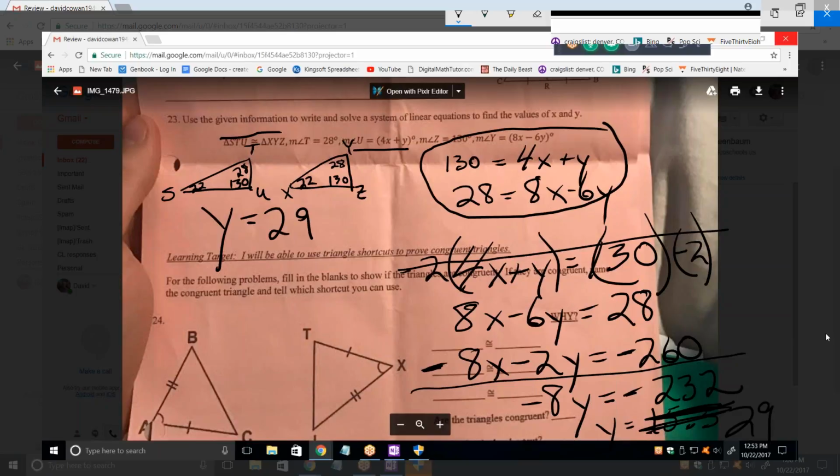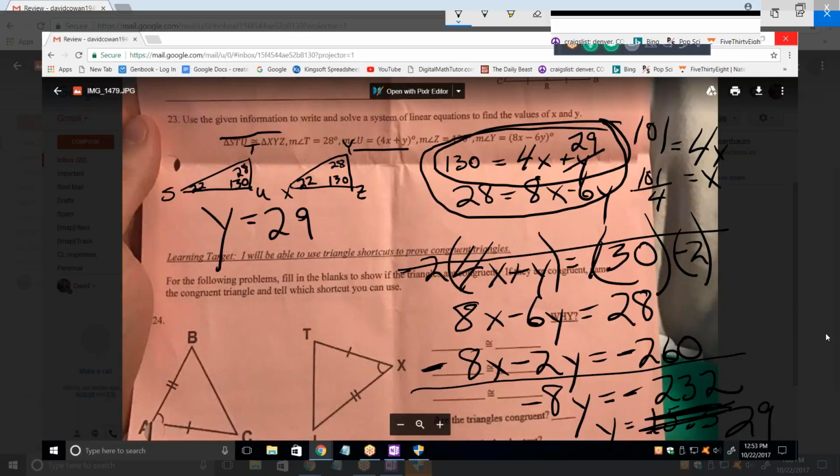I'm going to do this one. I'm going to substitute 29, our answer for y, and solve that equation, which now only has one variable. And what it gives me is 4x equals 101, which means x equals whatever 101 divided by 4 is.